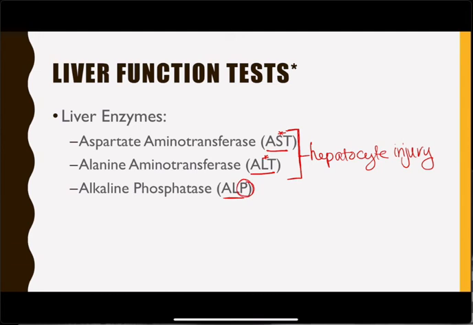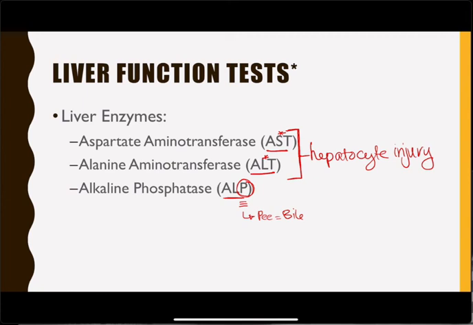It's got this P on the end. Do you remember we talked about in the last video that bile is kind of like the P of the liver? So the one that has the P at the end helps you remember that it's kind of like the P of the liver. And so ALP is giving you information on how well you can secrete bile.